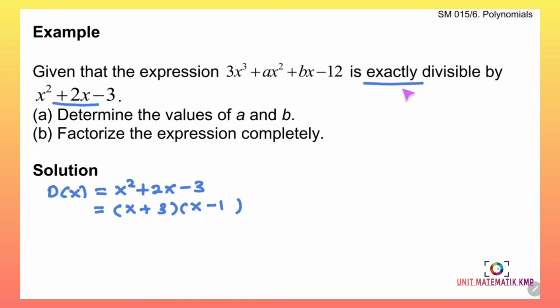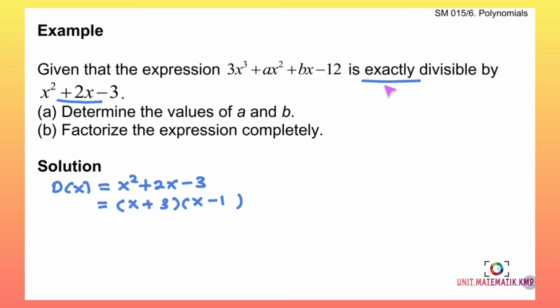Okay. We are given that P(x) is exactly divisible by the given divisor. This means that when we divide P(x) by x plus 3, the remainder should be 0. So here we have P(negative 3) equal to 0. Firstly, substitute x equal to negative 3 into the given polynomial.